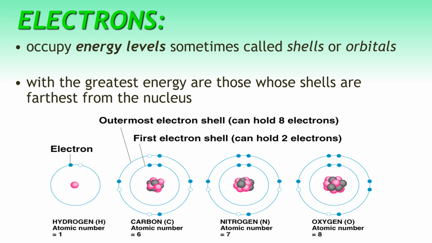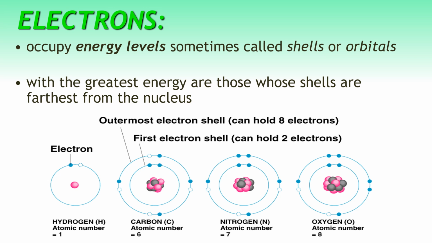Oxygen has 6 filled and 2 empty. But there's a total of 8 spaces there. And each one of those is a different pattern of filled and unfilled spaces. And it's this arrangement of how the electrons actually are in the outer shells that determines why different elements act differently when they're doing chemical reactions.